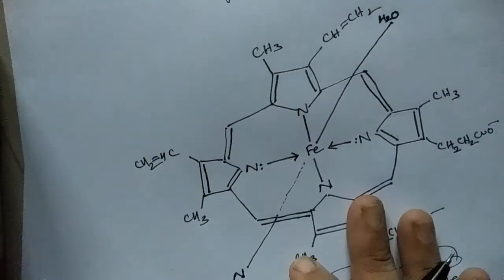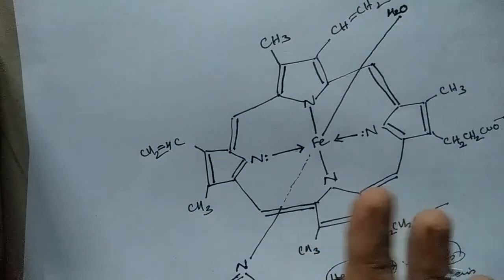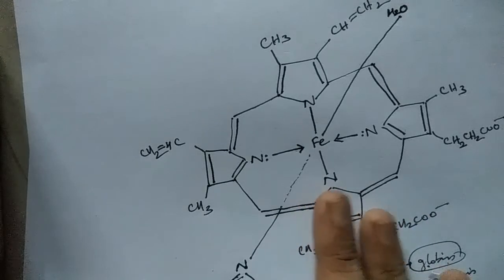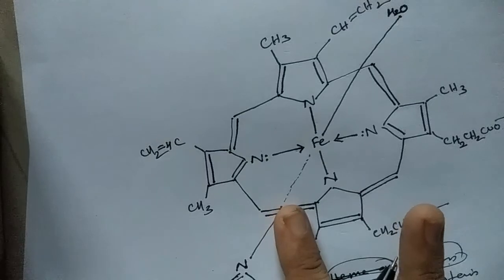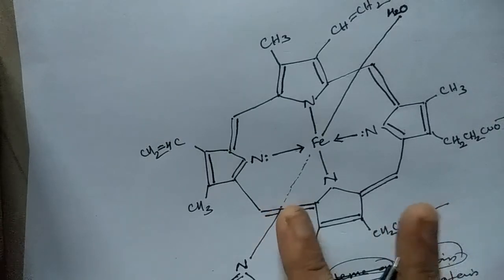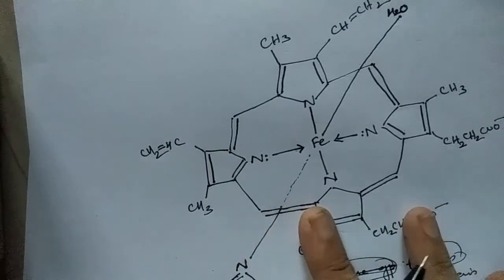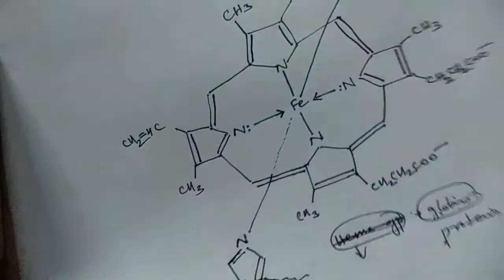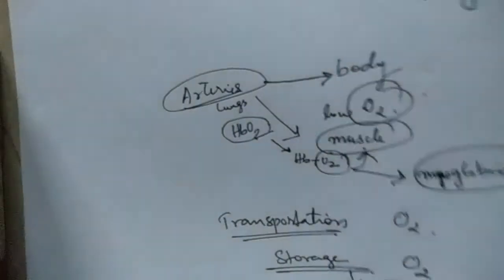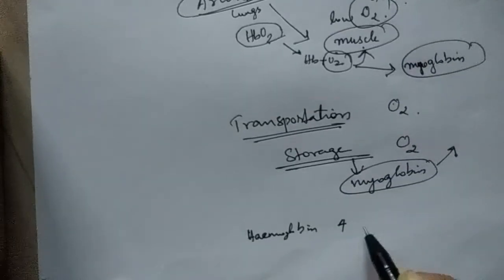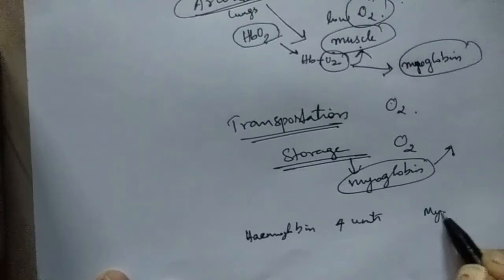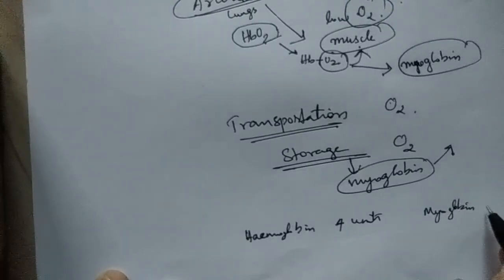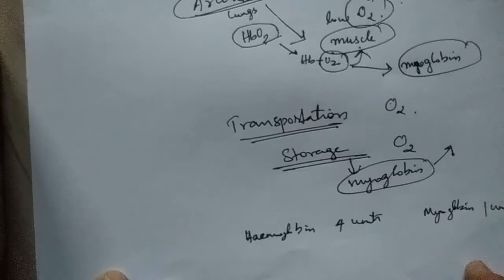Hemoglobin will be having four such units together, whereas myoglobin will be having only one unit of it.